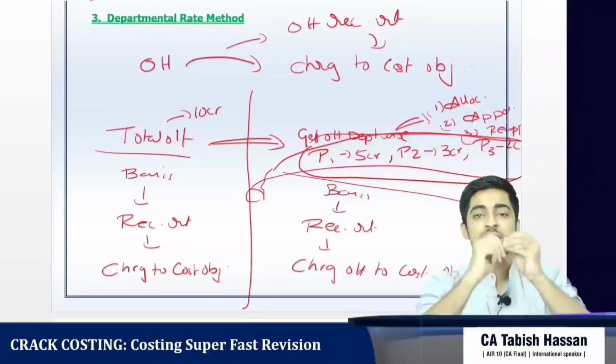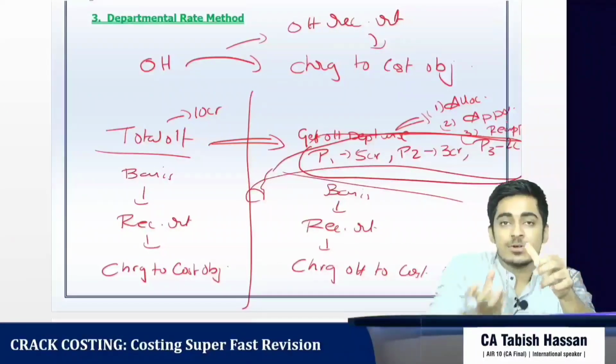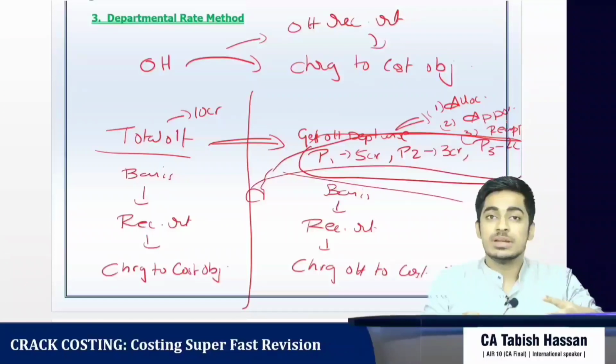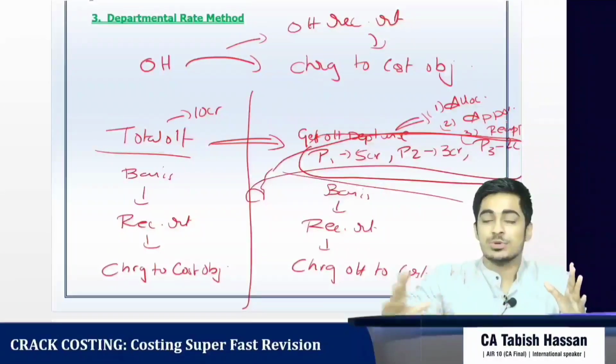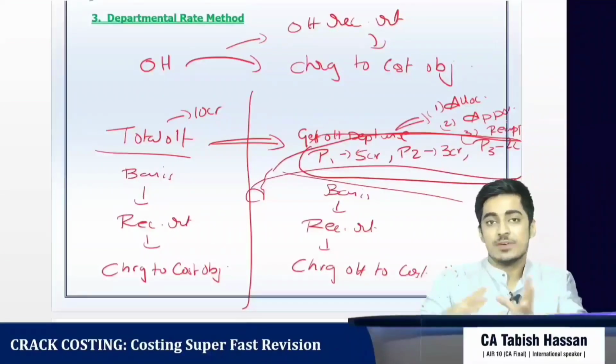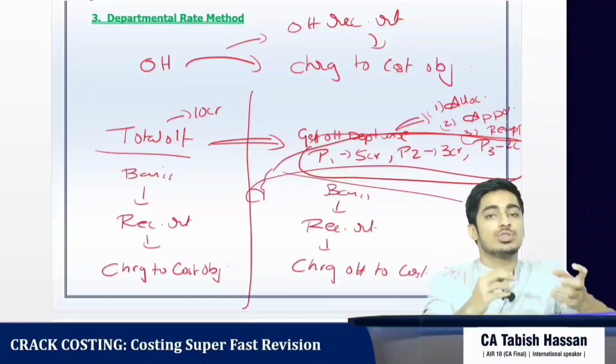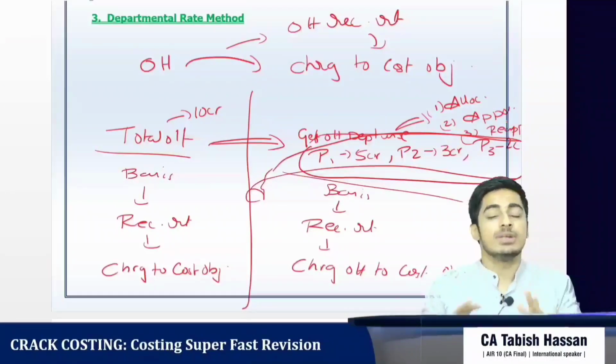To explain it very simply, allocation is when the cost is directly incurred for the department. Apportionment is when we have common cost and we have to distribute it on a logical basis to all the departments. And reapportionment is when we have cost in a service department and we have to redistribute it to the production departments. Why we do it, we'll discuss later.